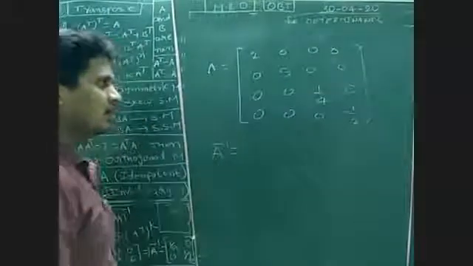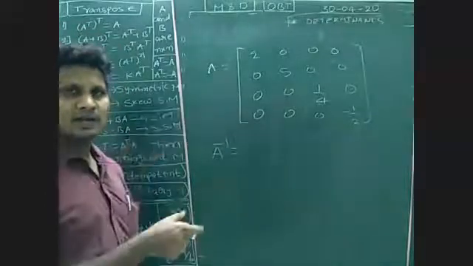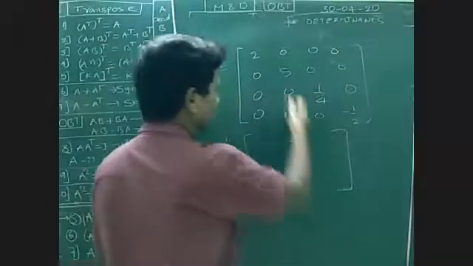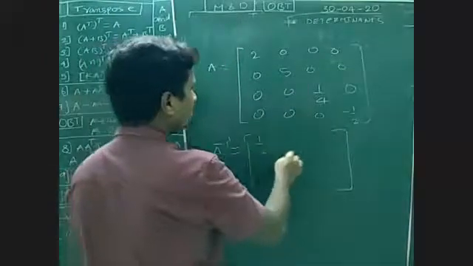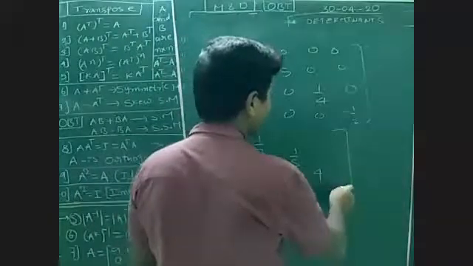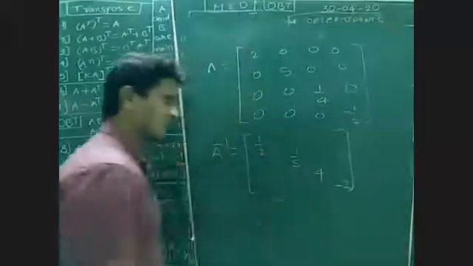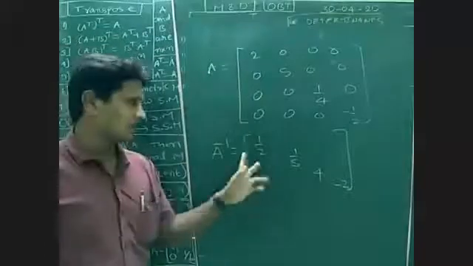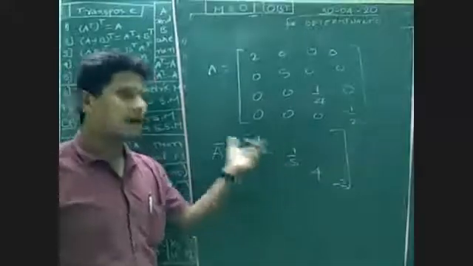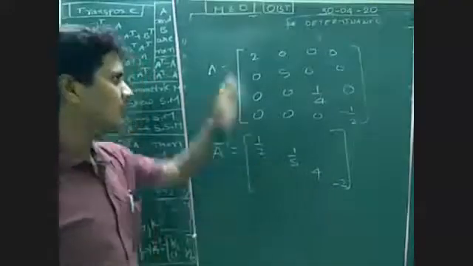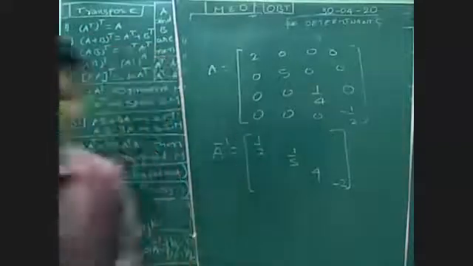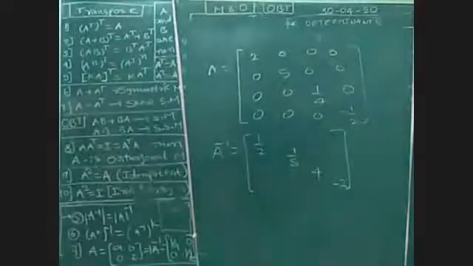Generally, how do we find A inverse? 1 by determinant into adjoint. Instead of finding all this, just write the reciprocals. 2 becomes 1 by 2, 5 becomes 1 by 5, 1 by 4 becomes 4, minus 1 by 2 becomes minus 2. This is A inverse. That is direct, without finding the determinant, adjoint, cofactor, everything. So this is the answer, only for a diagonal matrix where the remaining elements are zeros. That is the property I wrote.